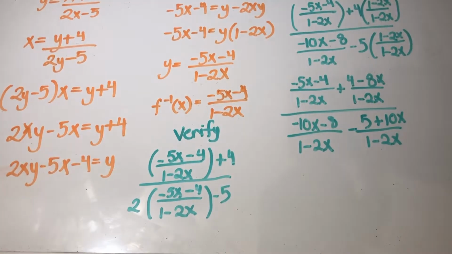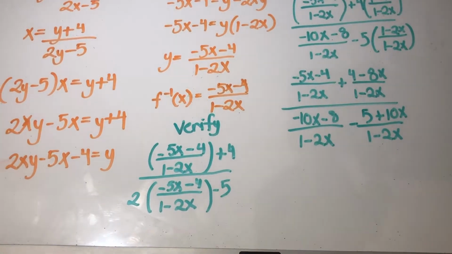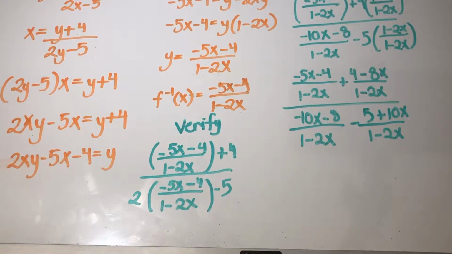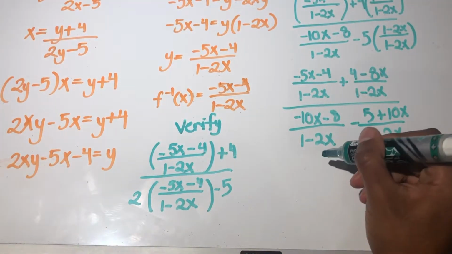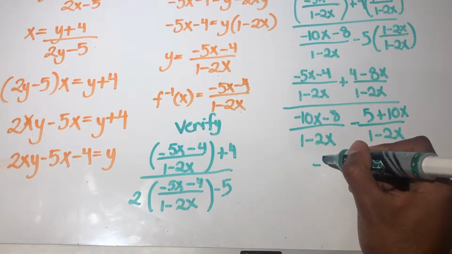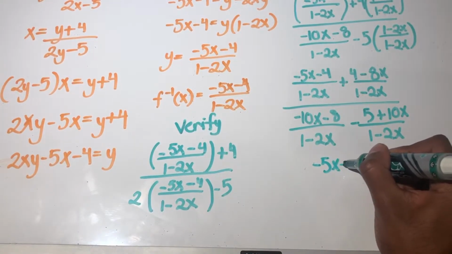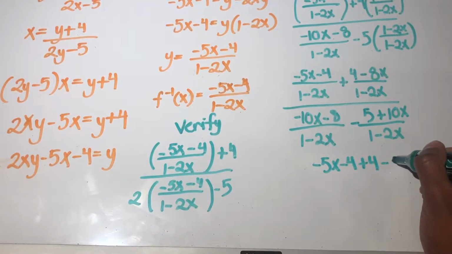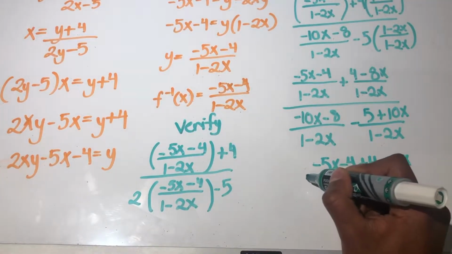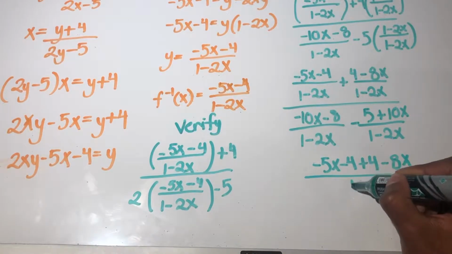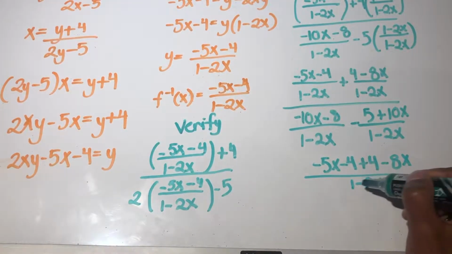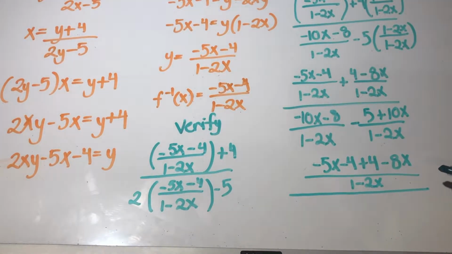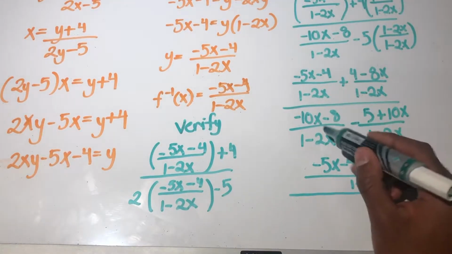It's a lot of algebra here, so you just got to be careful. At the top, we're going to get negative 5x minus 4 plus 4 minus 8x all over 1 minus 2x. And this whole expression or fraction is going to be over this.